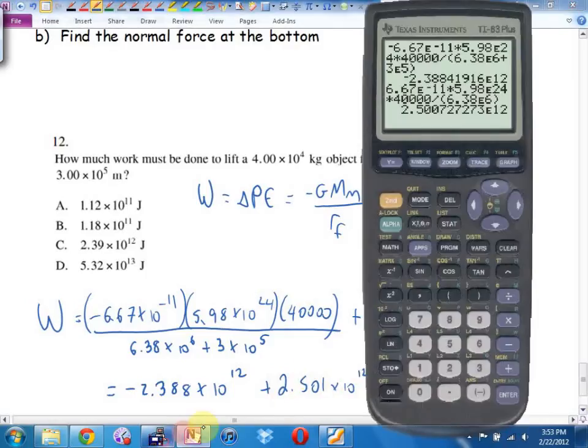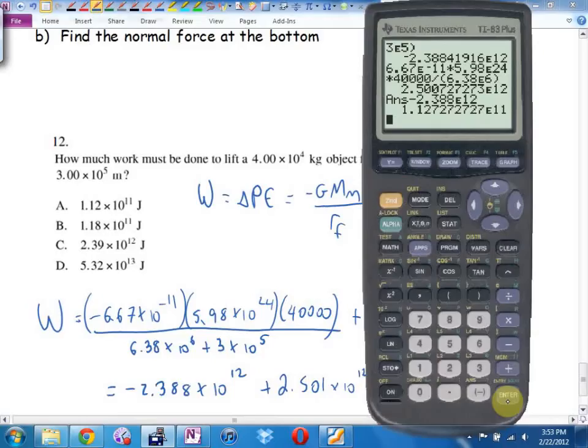So it's that number, take away this number. I hit the right button. Did I pick A?